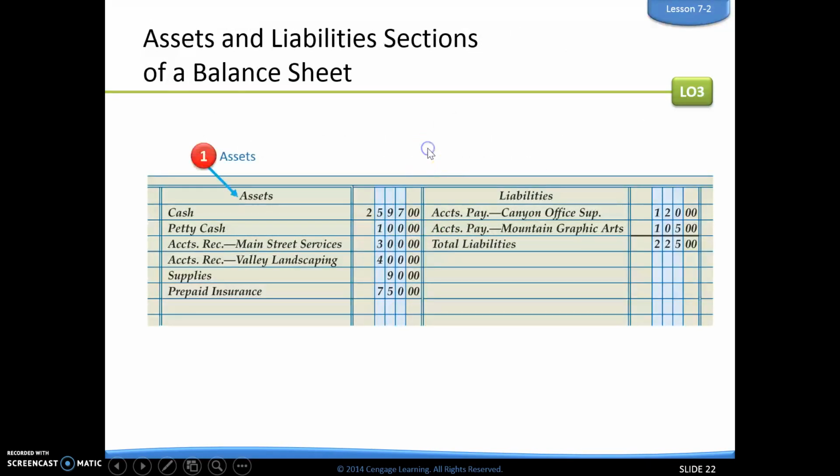So this is an example of our balance sheet. Now remember, Aplia is going to fill this all in for you, but when you do your workbook, you're going to have to put this together by yourself. Assets is the heading, it gets centered in between this column, and then we list all of our assets along with their amounts here.